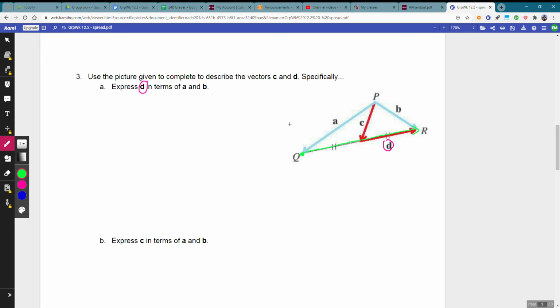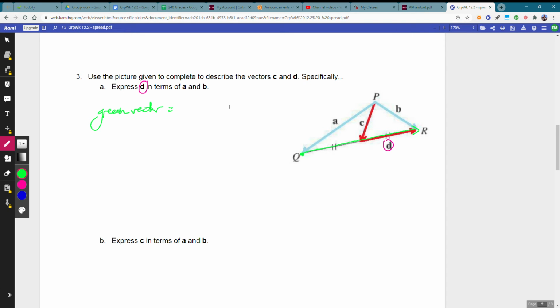But here's the thing. Our green vector stretches from the tip of the vector A to the tip of the vector B. And so because of how vector subtraction works, right, we always have the endpoint and then subtracting the starting point.